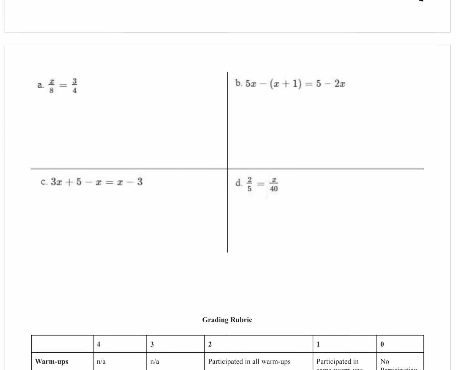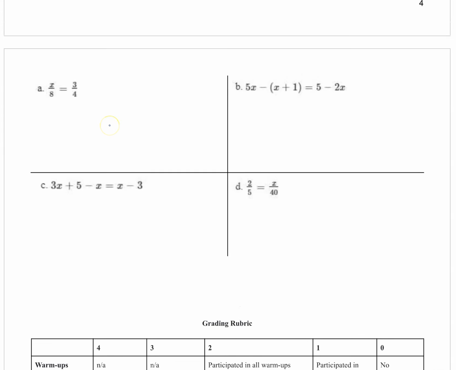Alright, last one is equation, solve for x. Let's do the fractions. A few tricky ones here. So when you have a fraction on each side of an equal sign, step 1 is to cross multiply. So we have 4 times x equals 3 times 8, 24.